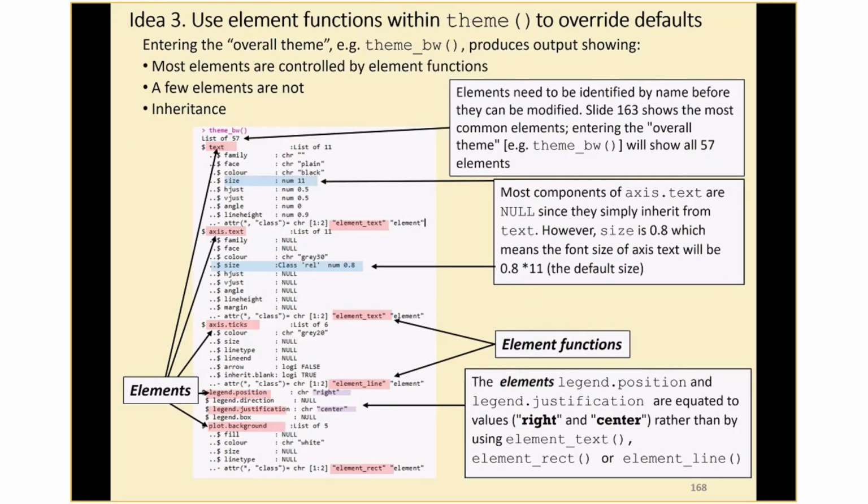What's going on here, if we go back to this slide, when we ran theme black and white, to get the list of the elements and their features that are determined by theme black and white, we noted that for element text, its font size was arrived at by inheriting the 11 from text and then multiplying it by 0.8.